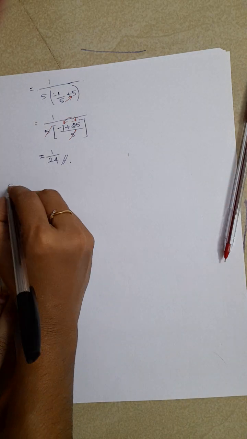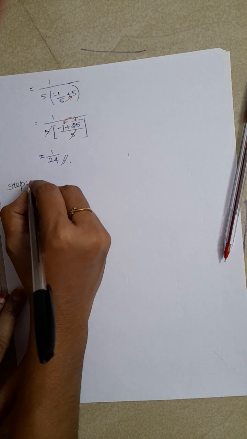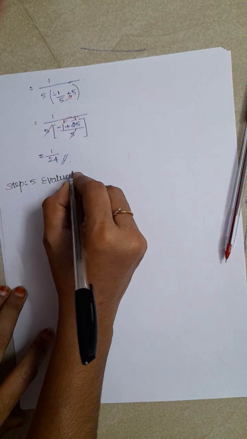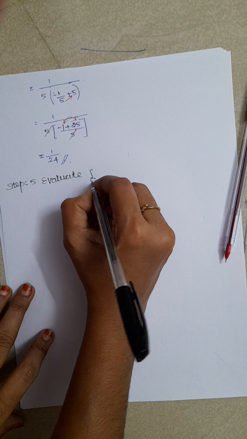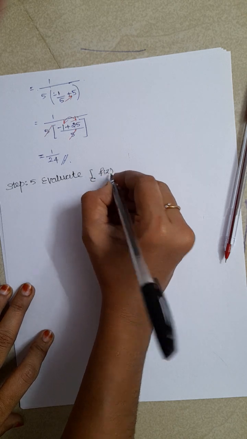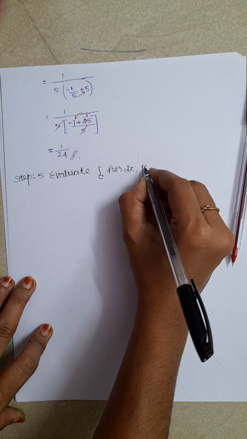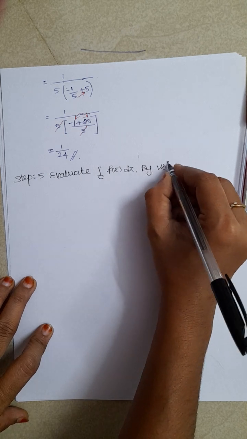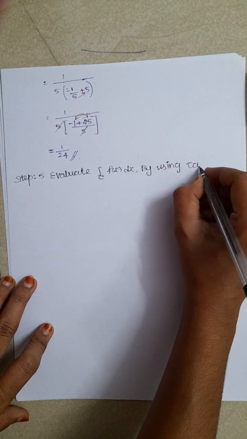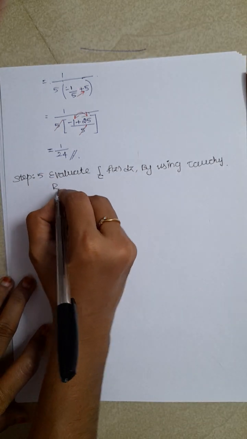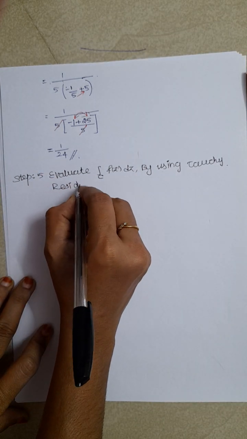Next, step number 5. Evaluate the integral over C of f of z dz by using the Cauchy residue theorem.